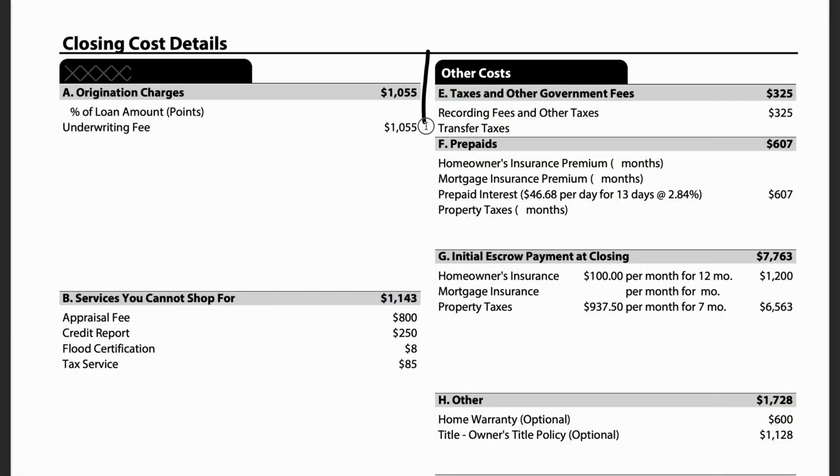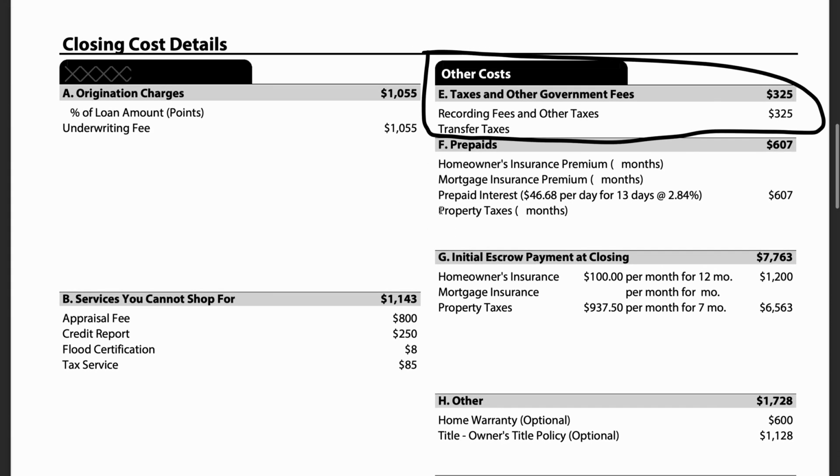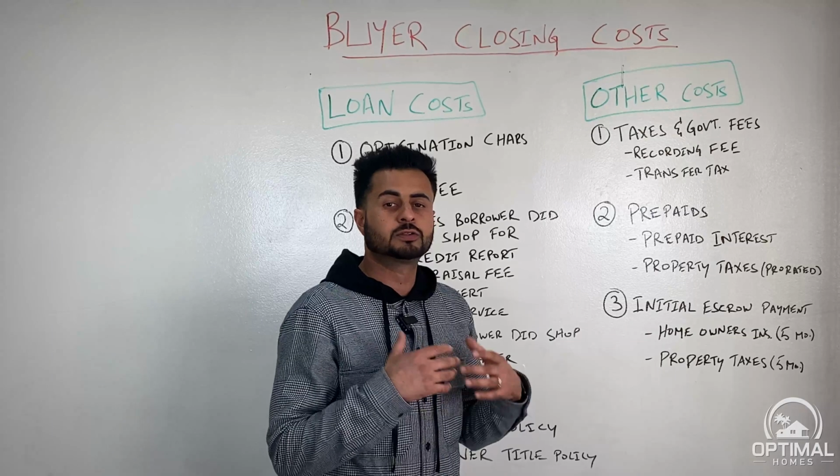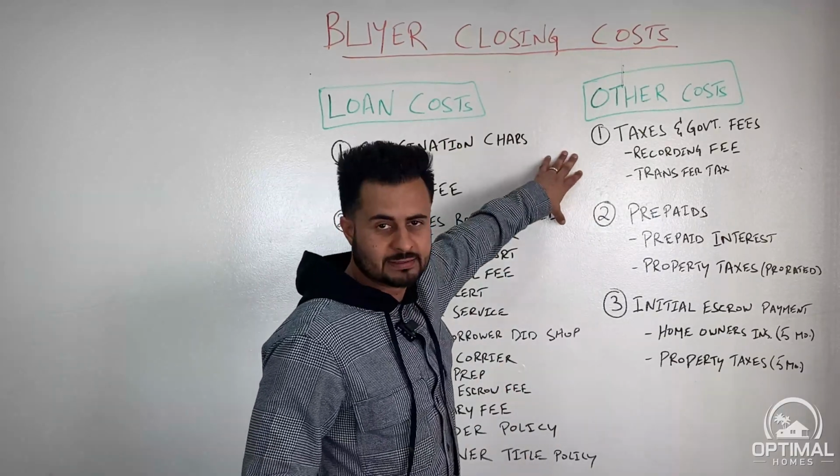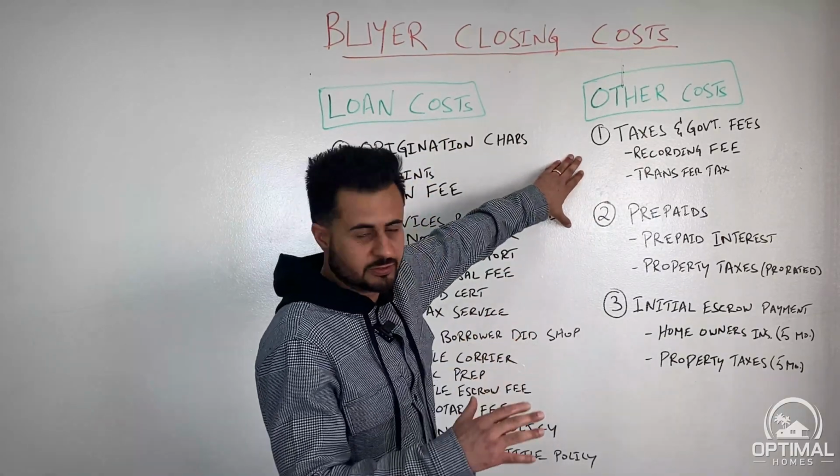There's going to be a recording fee to record the deed with your name on it. Then in some cities you'll also have transfer taxes. And in some counties, when you buy a property, they will charge you a couple hundred dollars depending on what county you're in for that transaction. So these are government and taxes fees.